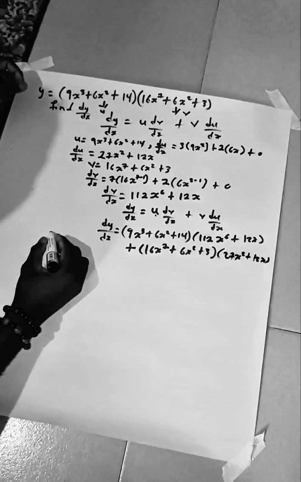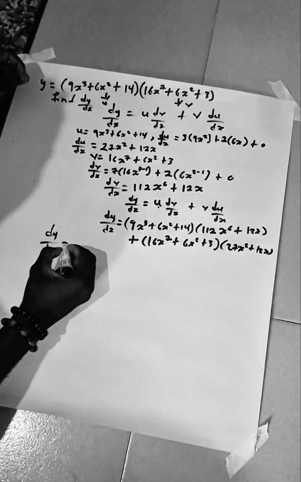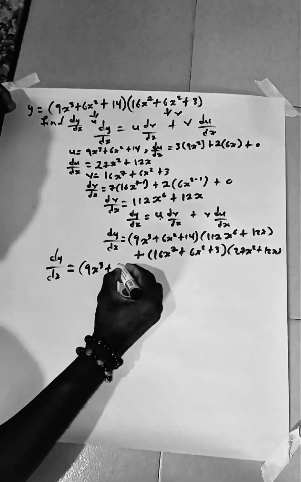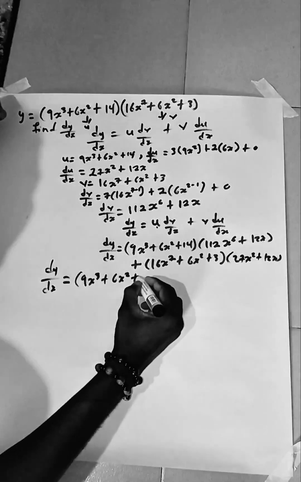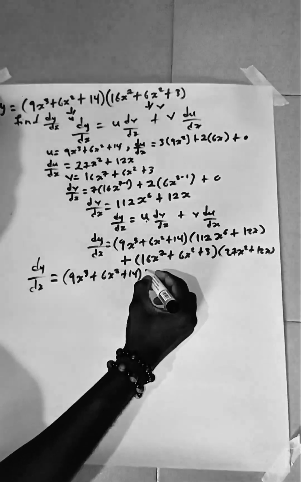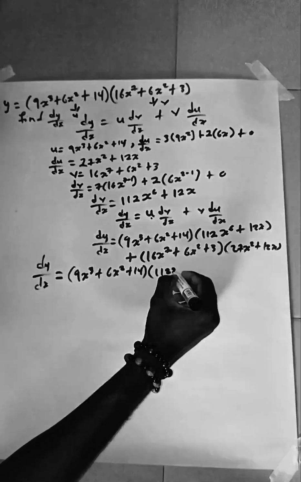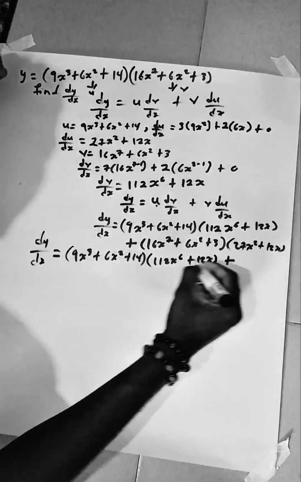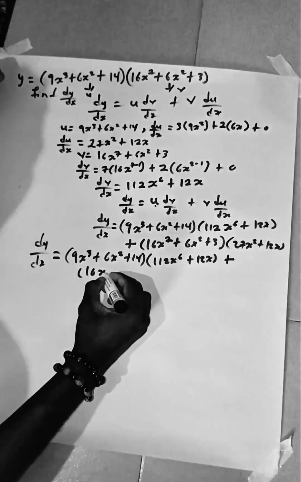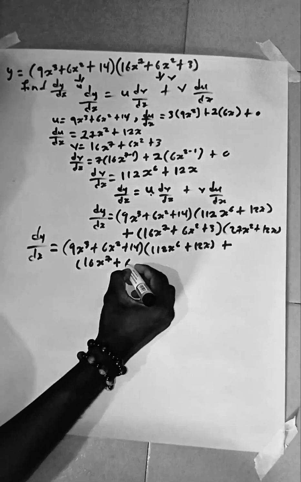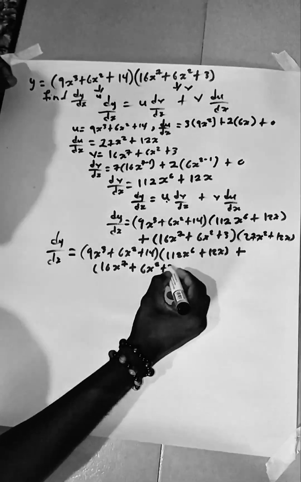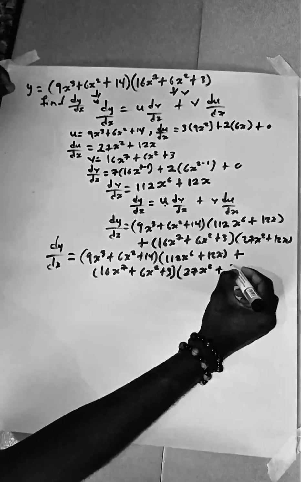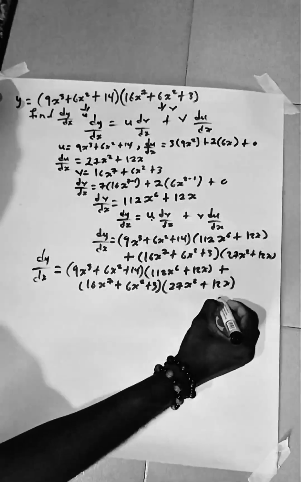So our dy by dx is equal to 9x cubed plus 6x squared plus 14 multiplied by 112x raised to the power 6 plus 12x, then plus 16x raised to the power 7 plus 6x squared plus 3 into bracket 27x squared plus 12x. So this is our final answer.